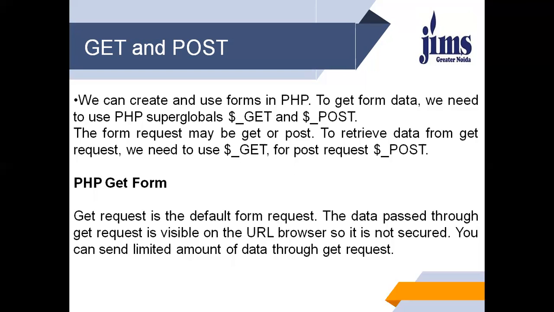PHP provides the $_GET associative array to access all the information sent using the get method. With the HTTP get method, the browser encodes the data captured by the form into a URL, and the encoded URL is then returned to the web server.